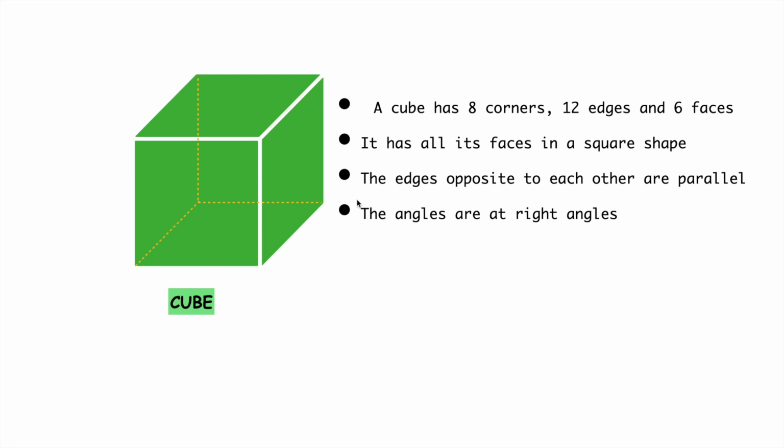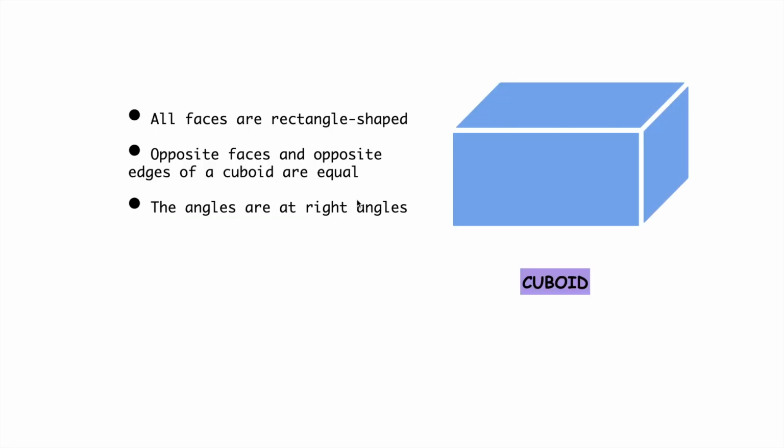Let's move on to the next shape, cuboid. All faces are rectangle shaped for a cuboid. Okay? Opposite faces and opposite edges of a cuboid are equal. Remember, opposite faces, this face and the back face will be equal.